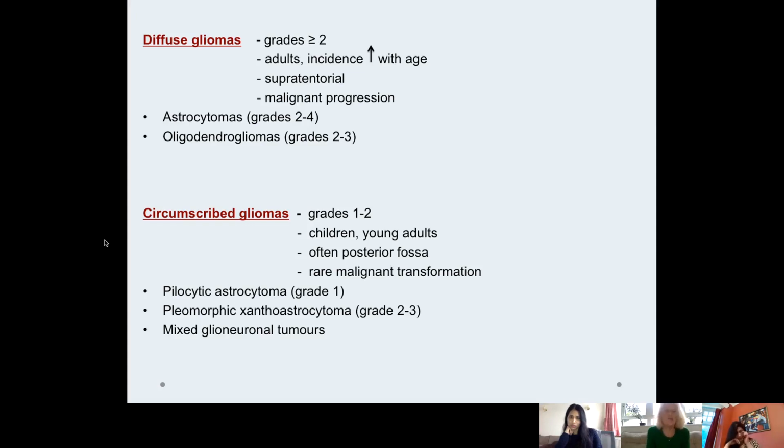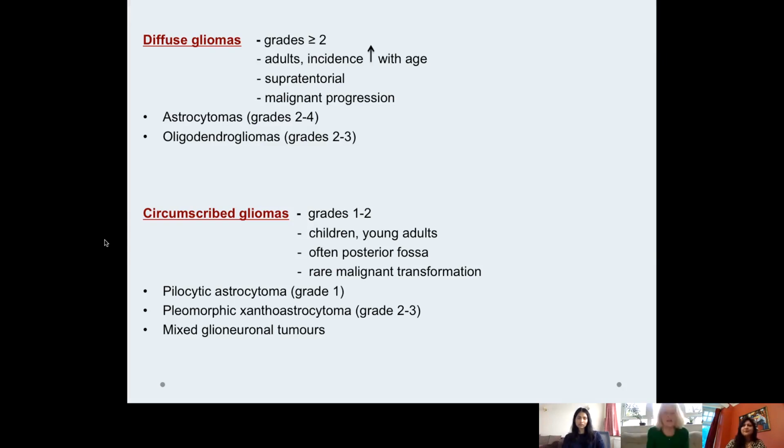So even when they start as relatively low-grade tumors, as a grade 2, over time they transform into grade 3 and grade 4. Morphologically, they can show either astrocytic differentiation or oligodendroglial differentiation, and often we can find a combination of both cells with astrocytic and oligodendroglial morphology.